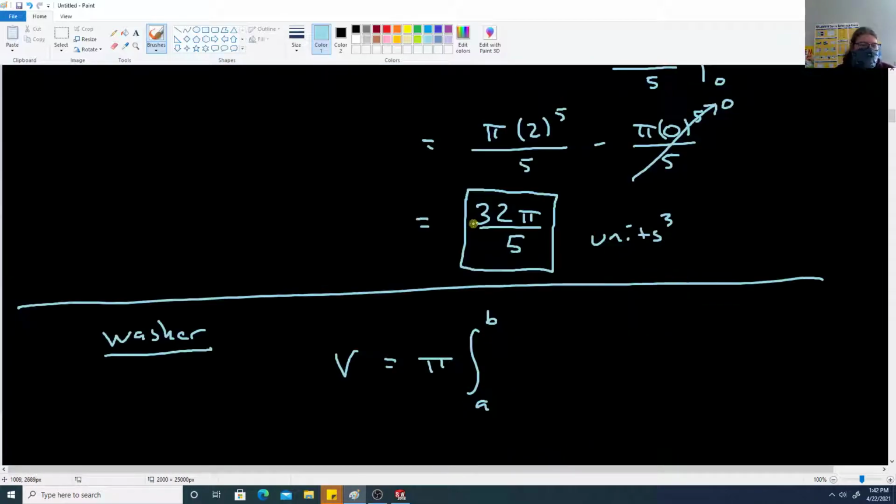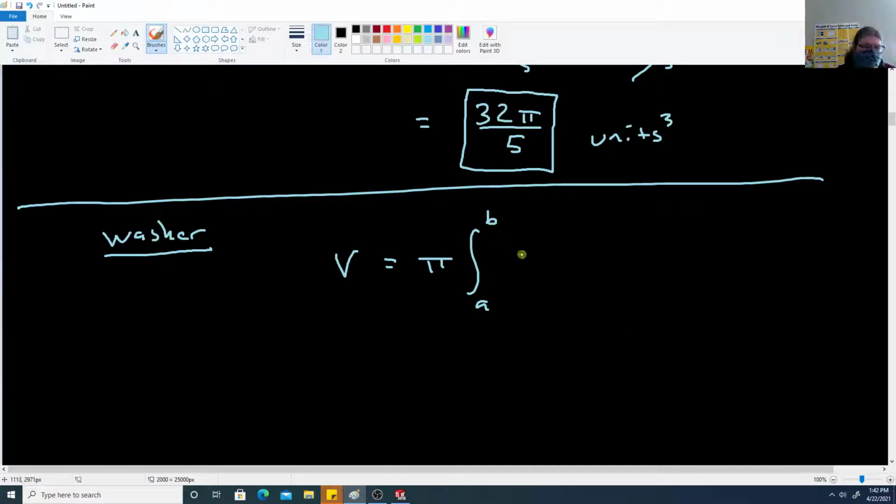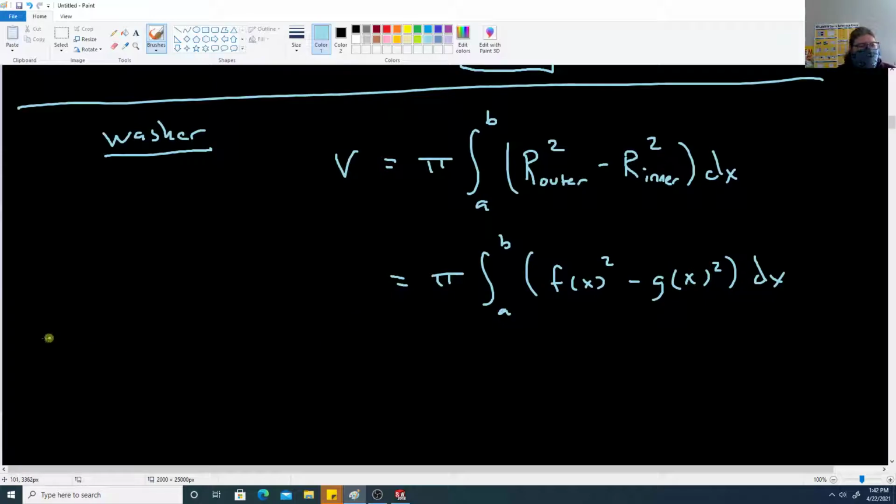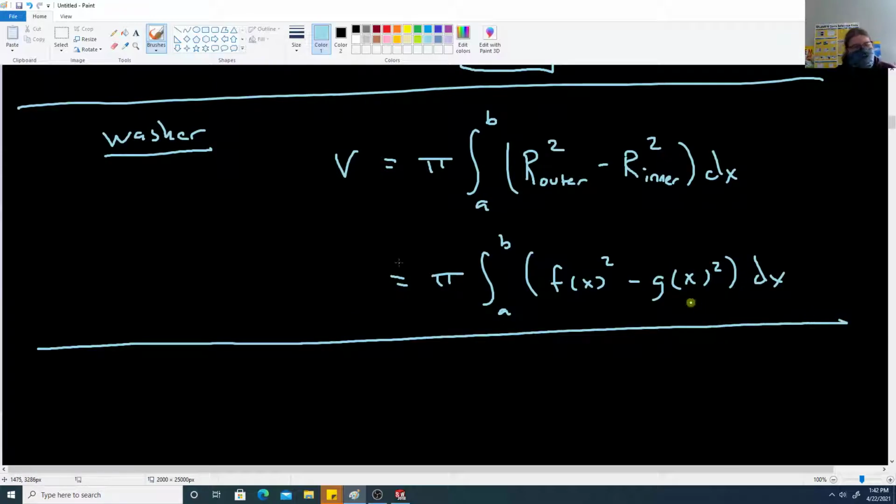We have to account for both of those, and in the equation, we get r, subscript outer, squared minus the inner radius squared dx. If the outer radius was a function f of x, this would equal the outer function's y value squared minus the inner function's y value squared, and you'd integrate that with respect to x. So this is going to be the washer method.